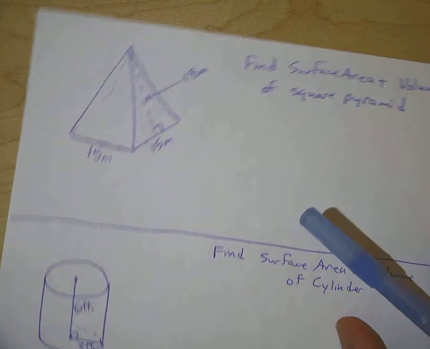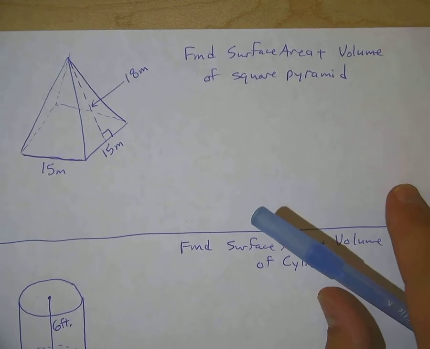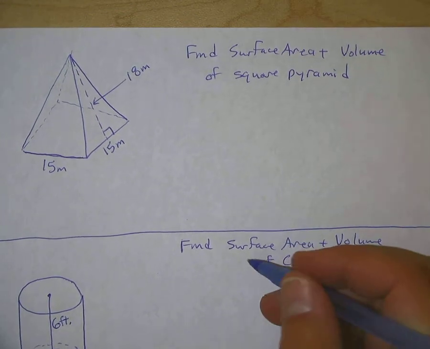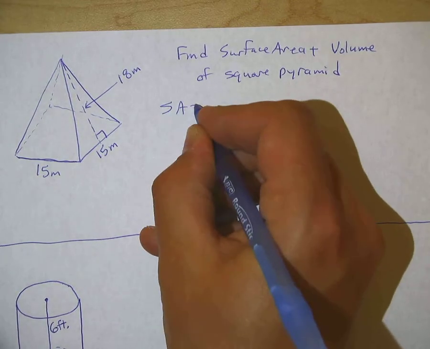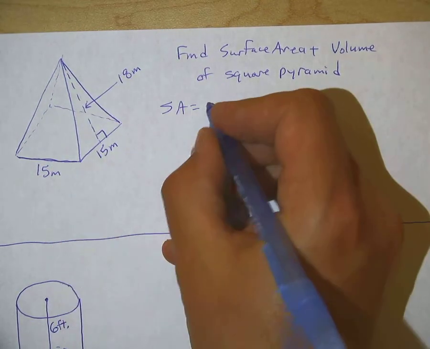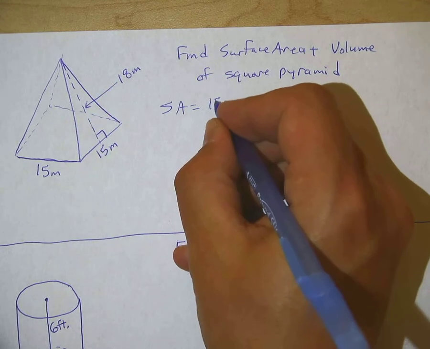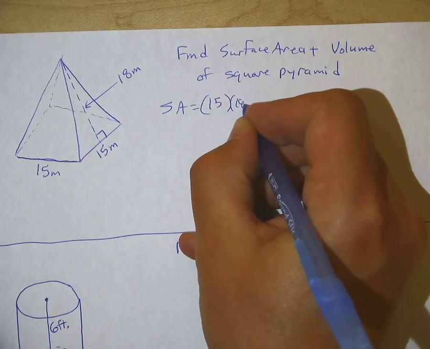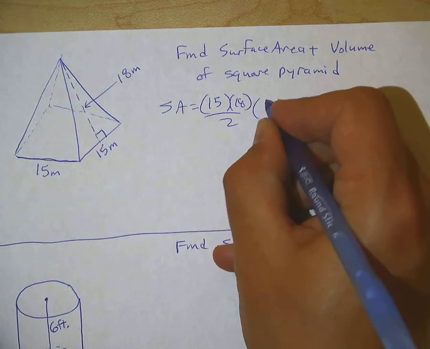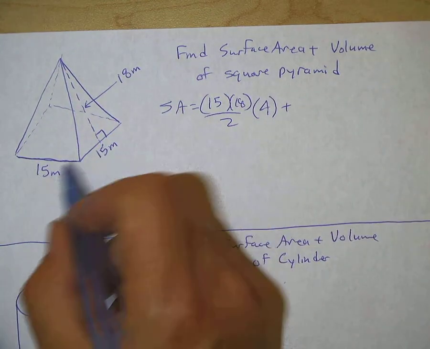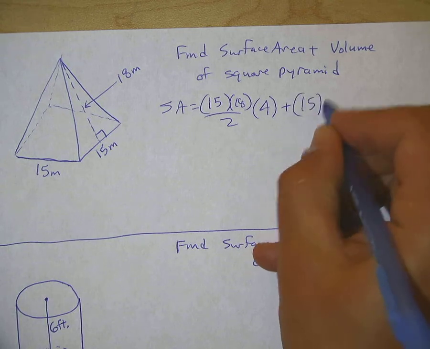Okay, next one. We want to find the surface area and volume of the square pyramid. Let's start with surface area this time. I get the area of this triangle, which is base times height divided by 2, 15 times 18 divided by 2, and I multiply by 4 because there are 4 of those triangles. Then I add on the area of the base, which is 15 times 15.